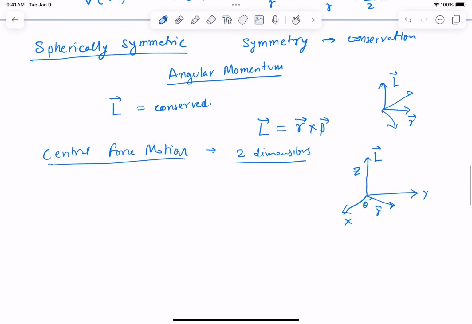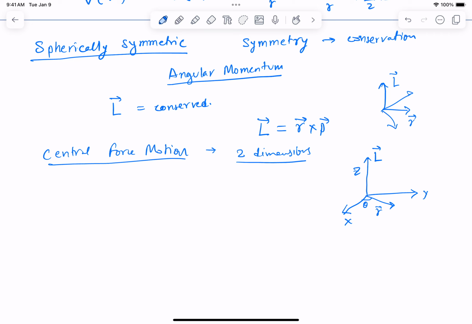So we have converted our problem, which was 6 different variables, x, y, z for r1 and x, y, z for r2. We first reduced it by understanding that capital R, our center of mass, was moving with a constant velocity, and now we have further reduced it so that there are only two variables of interest, which are the radius vector and the angle.